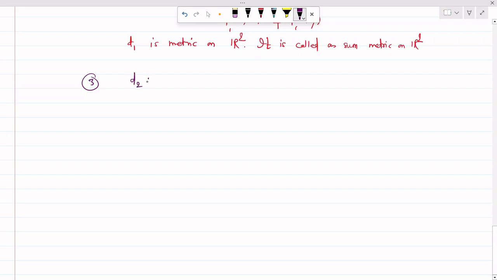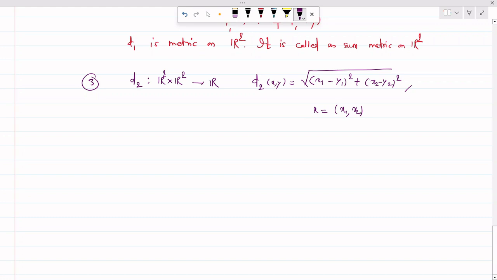So I will write d2 from R2 cross R2 to R, and we will define it as d2 of x comma y is equal to square root of x1 minus y1 square plus x2 minus y2 square. You can easily tell that this is nothing but the distance between points x and y, where point x is x1 comma x2 and point y is y1 comma y2, right?